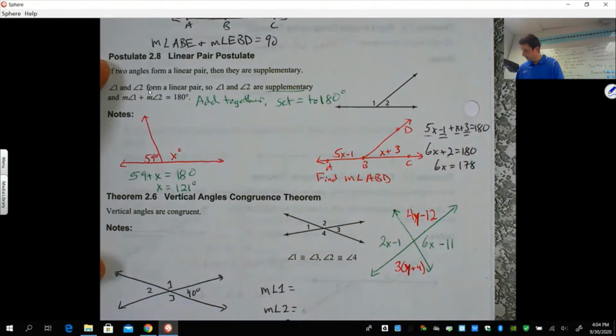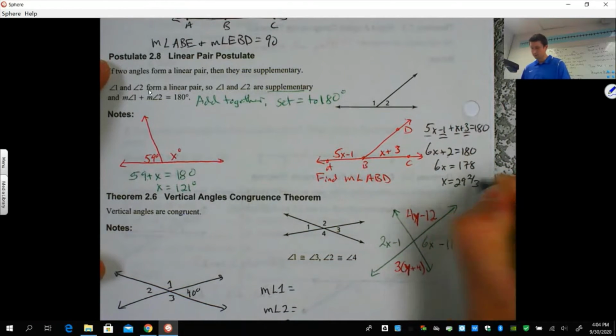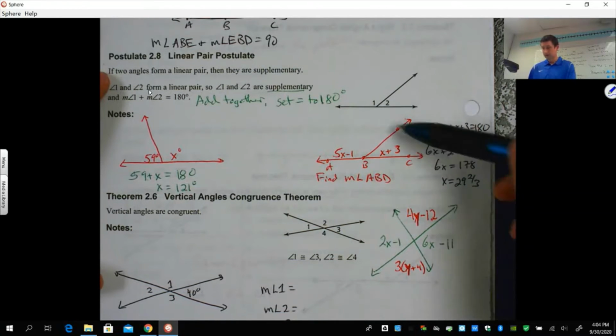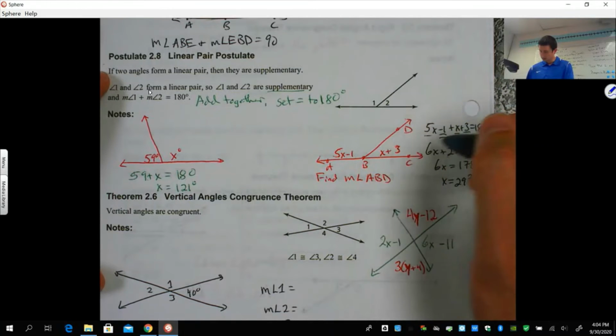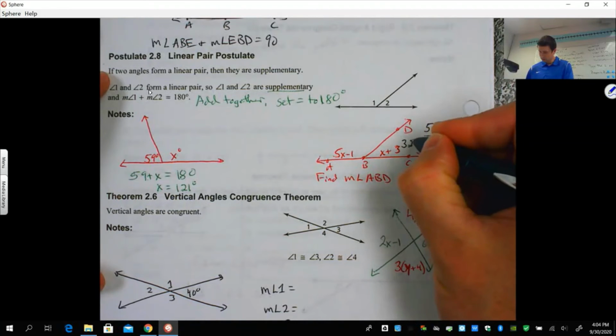Check that calculation. Does that work out? 29 2/3. So much for making up numbers on the run here. Okay, so x would equal 29 2/3. Now if they want you to find the actual measurements, you have to come back and plug it in here. So this would be 29 2/3 plus 3, so 32 2/3 degrees.